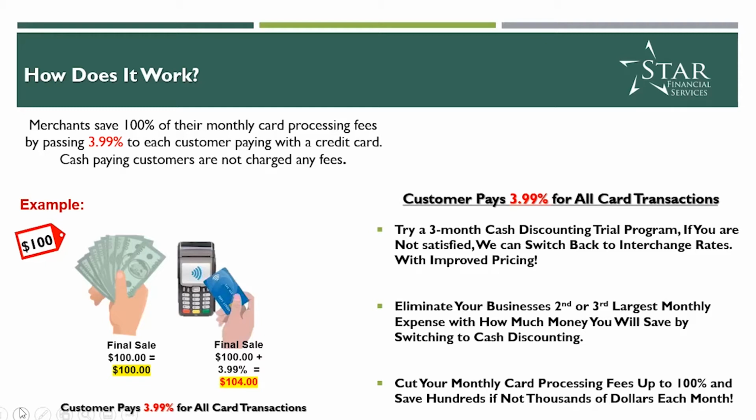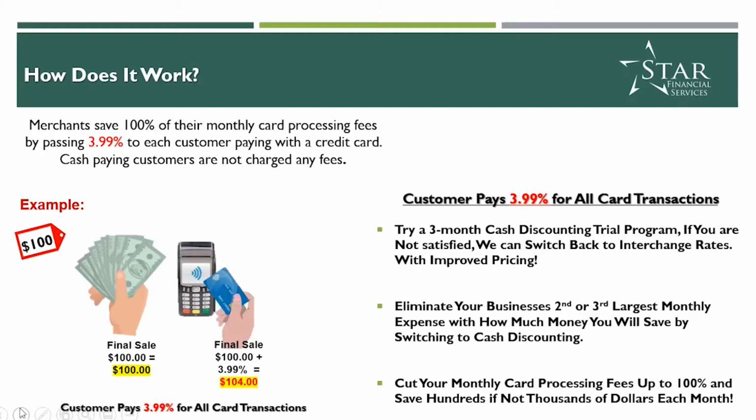And simply how it works is if you have a transaction, let's say here in the example, it's a $100 transaction. Paying cash customers pay exactly $100. But should you have a customer that decides to use a credit card, 3.99% is automatically programmed into the payment terminal, and the fee is deducted when the card is swiped.